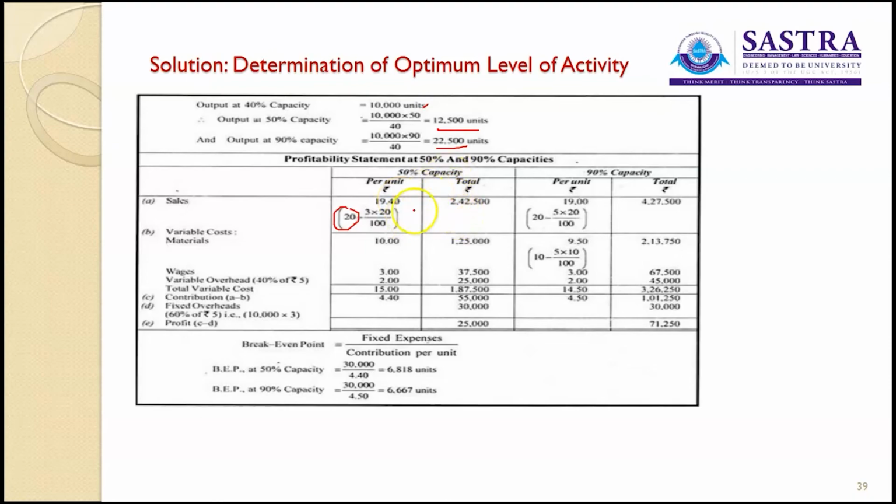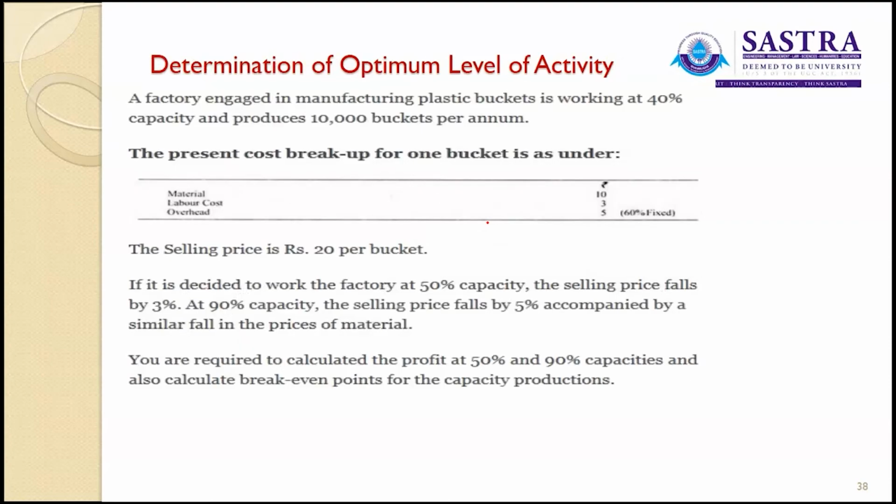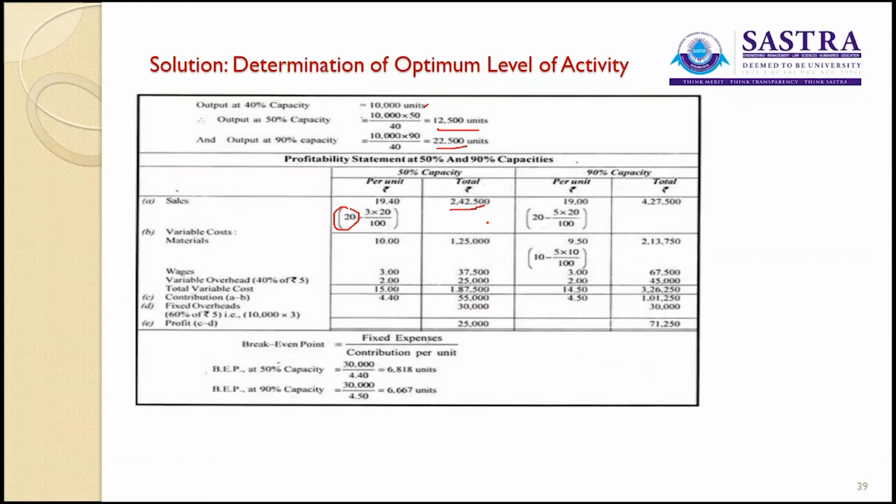That is multiplied by your number of units, we'll get 2,42,500. Now for your 90%, the selling price falls by 5%. So 20 minus 5% of 20, you get 19 rupees. That is 1 rupee is your deduction. So we'll have 19 rupees. Multiplied by your number of units 22,500, we'll get 4,27,500.